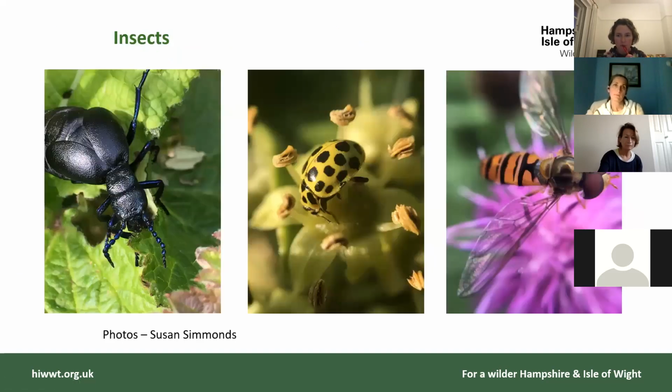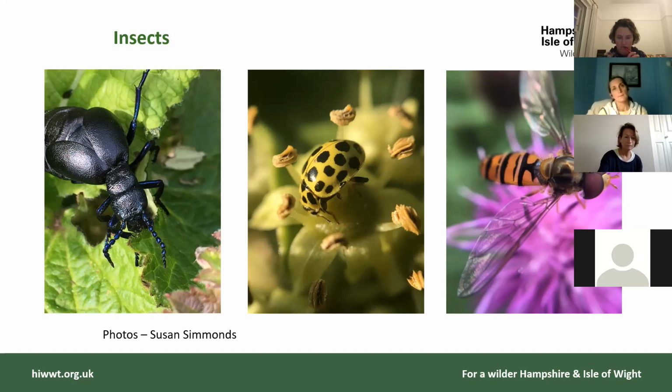Just a few pictures of some of the insects from my garden, really. The oil beetle, which I realise is quite unusual, but we're lucky we have them in the garden. They've got quite an interesting association with solitary bees. They nest in holes in the ground, quite near to the solitary bees' nests.